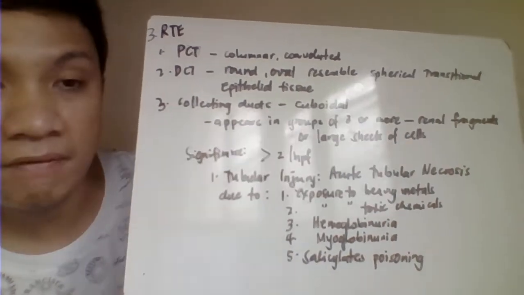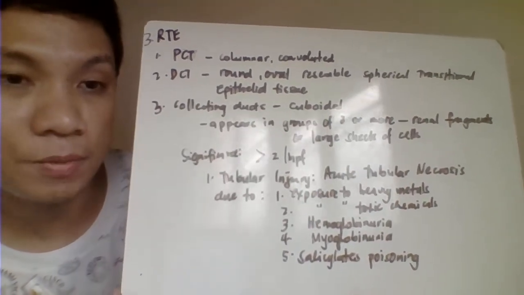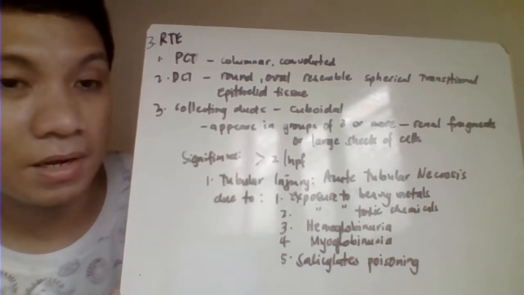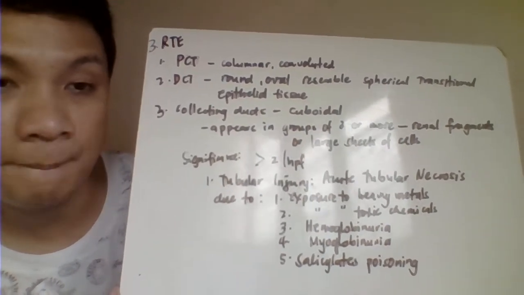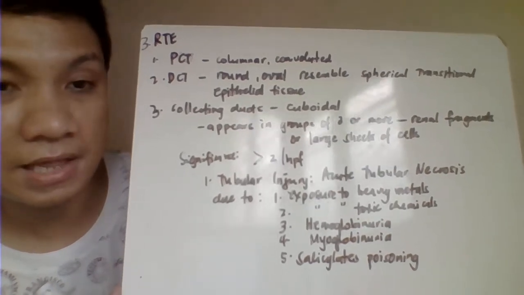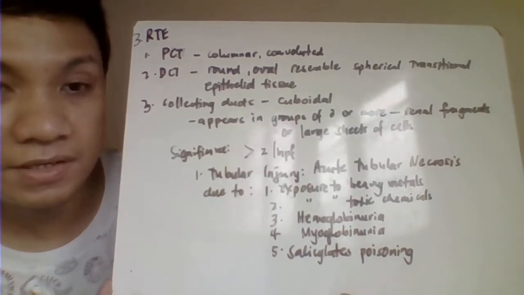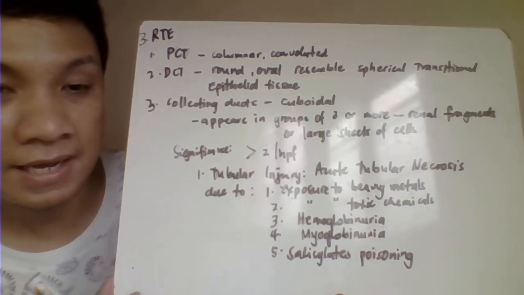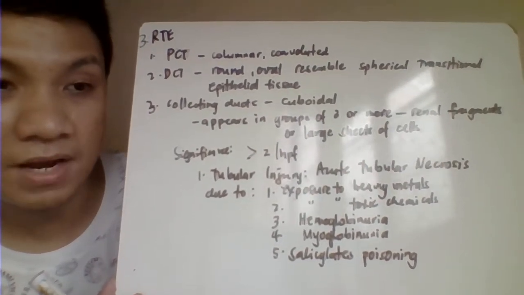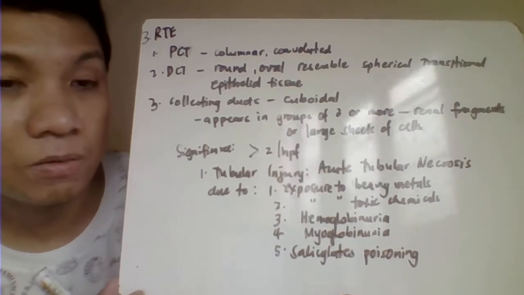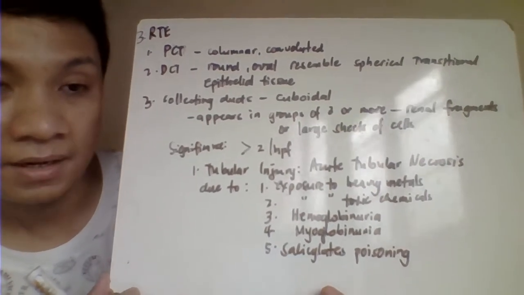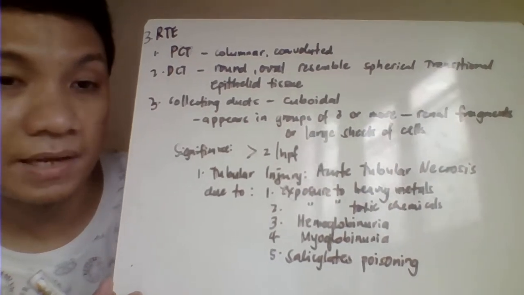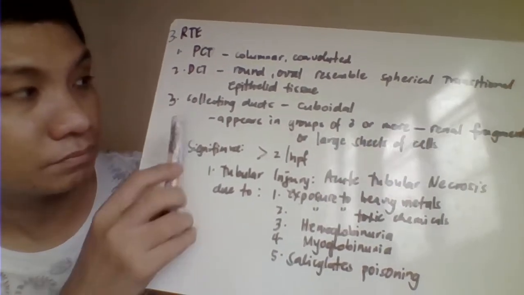On the other hand, the one found in the distal convoluted tubule appears to be round or oval, which resembles our spherical na transitional epithelial tissue. And again, it could be differentiated from one another by, again, ang ating transitional epithelial tissue would have the centrally located na nucleus, whereas your RTE found in your distal convoluted tubule will have your eccentric na nucleus.